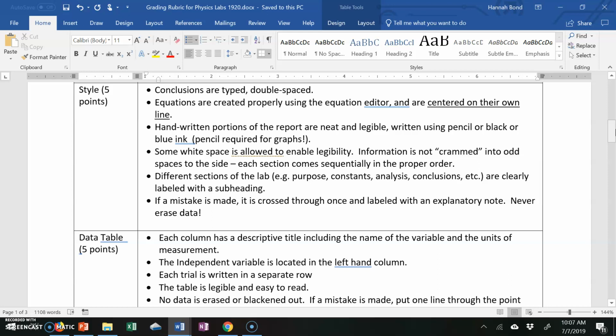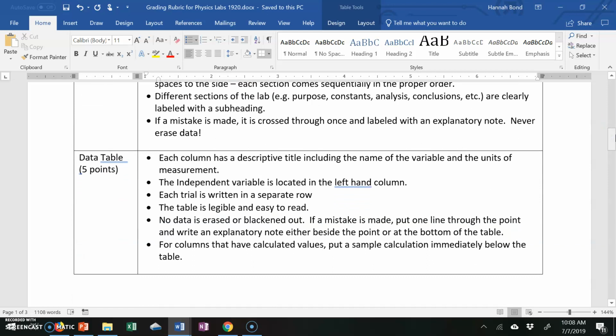If at some point a mistake is made, it is okay to just put one line through that data or even through that sentence, and then label with some type of explanatory note, and then you can write a revised data point or sentence above what you crossed out, but never erase data.